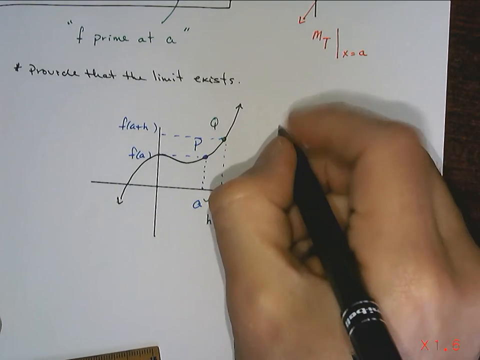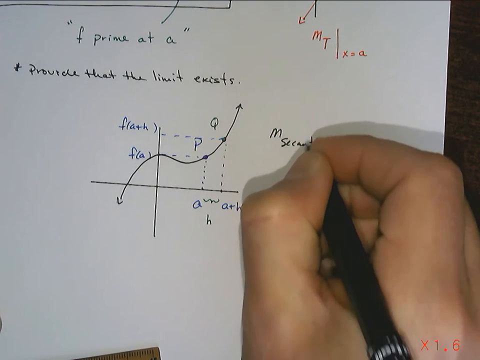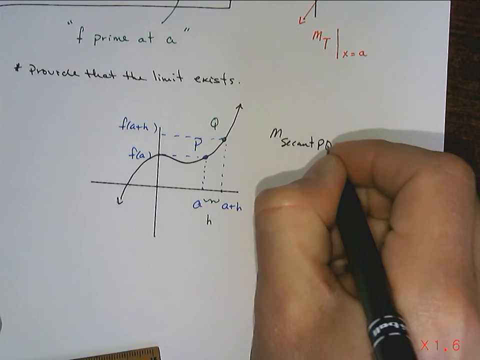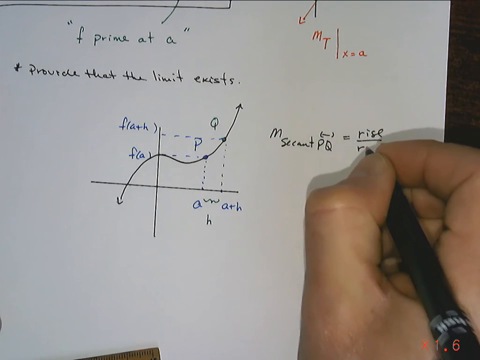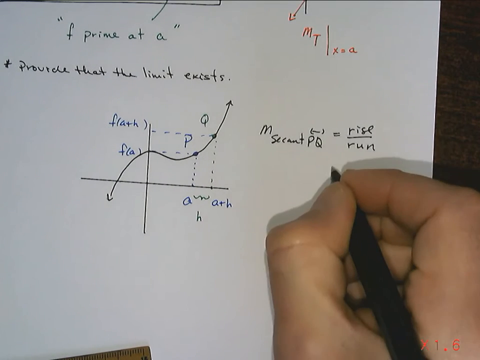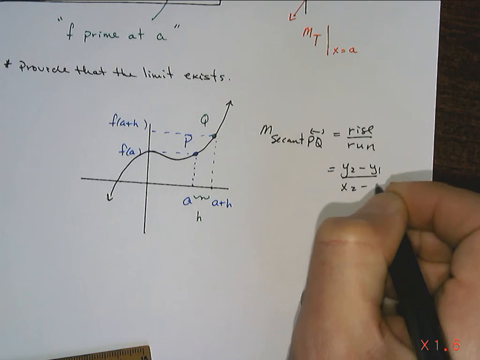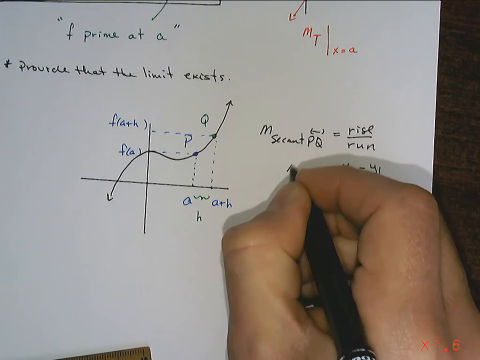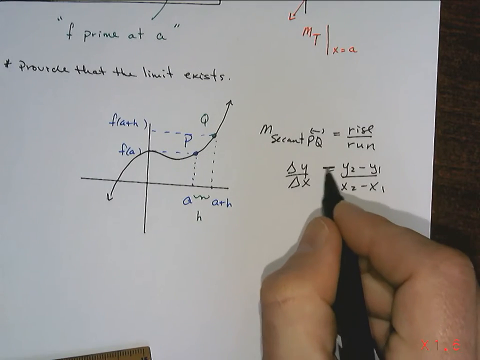So then what we do is we do the slope of the secant between P and Q, and it's equal to rise over run if you're in grade 9. It's equal to y2 minus y1 over x2 minus x1, or delta y over delta x. It doesn't matter where they come in, but those are the two ideas.